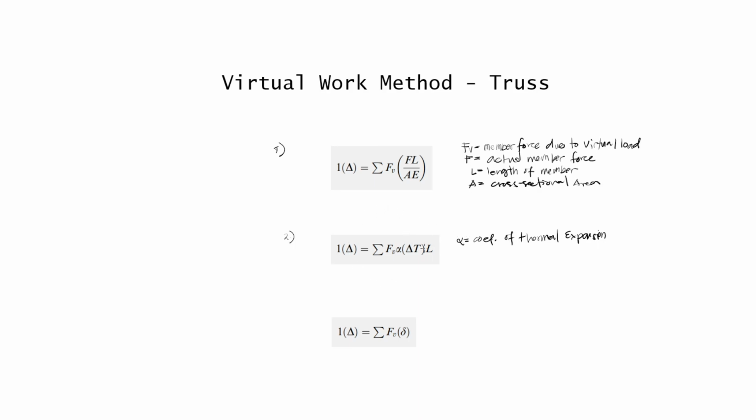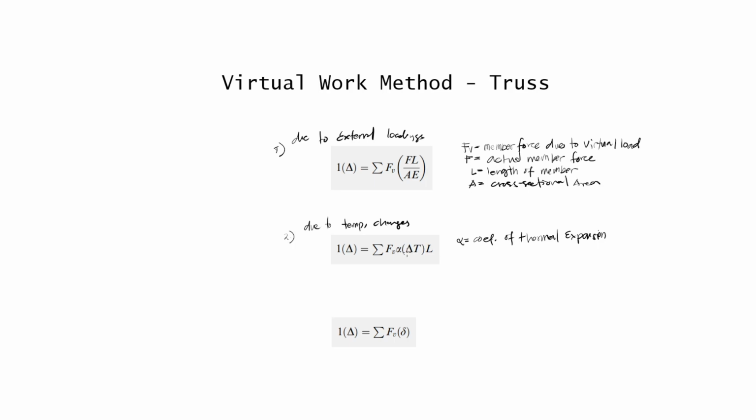Yung formula na to is pagkuha ng deflection due to, this is number 2, due to thermal temperature changes. Yung una is due to external loadings. Okay? So, kailangan mo lang i-memorize itong formula na to. Yung pangalawa is due to temperature changes.